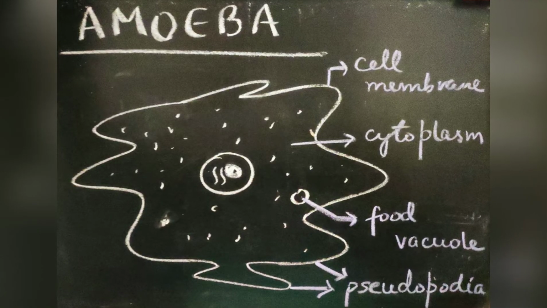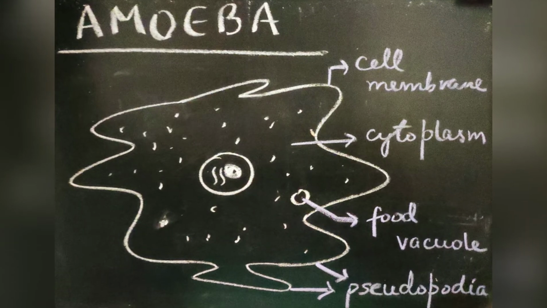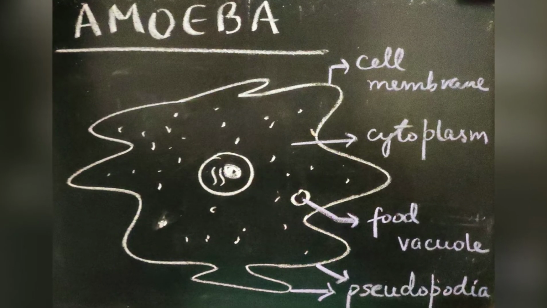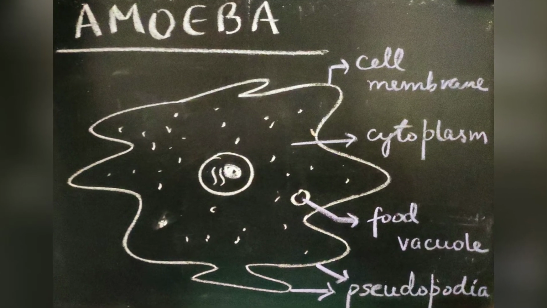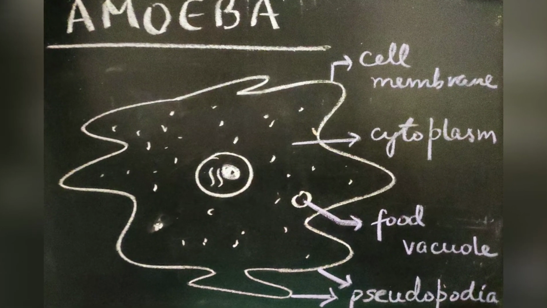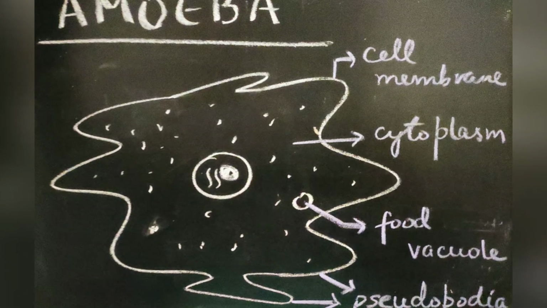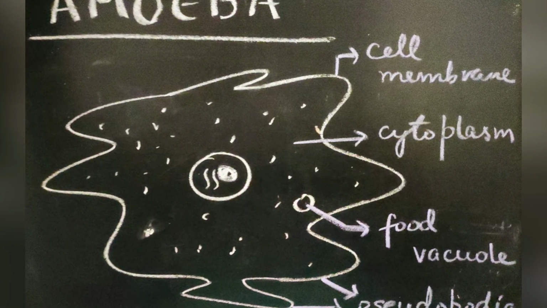Here we have now drawn one of the unicellular organisms which we were already introduced to in class 7. This is amoeba. We have labeled the main components of this unicellular organism.